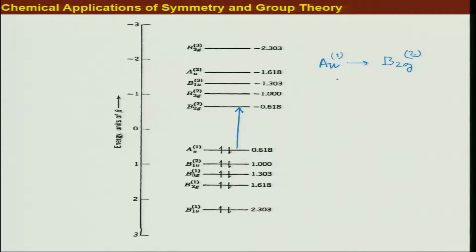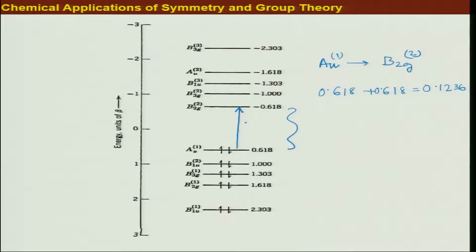So what will be the energy for this transition? That will be 0.618, that is the gap between these two states, right? So this will be 0.1236, that will be the energy in terms of beta. So this is the lowest transition that we can think of.